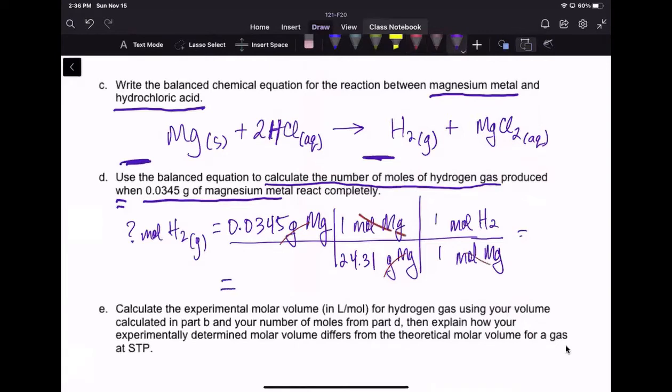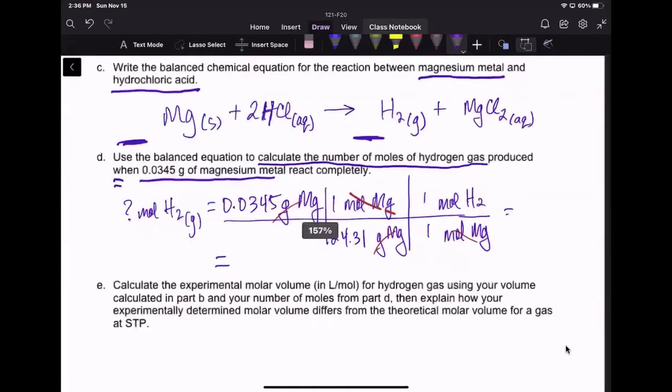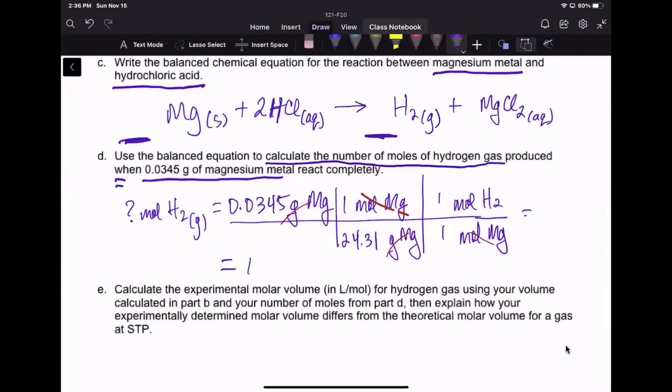All right, let me calculate that. So this is 1.419 times 10 to the minus 3 moles. Good to 3 significant digits. Or I could write that another way.